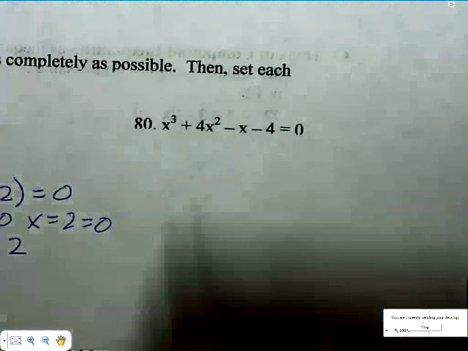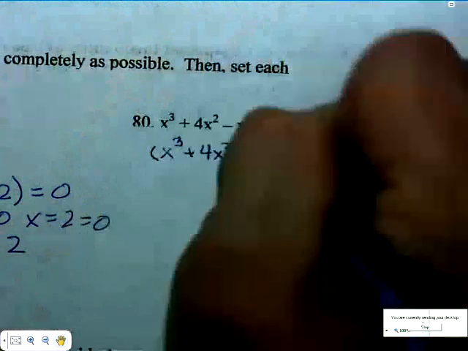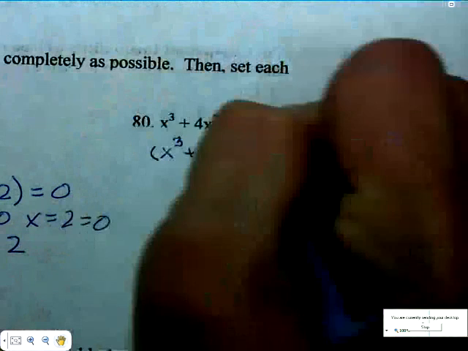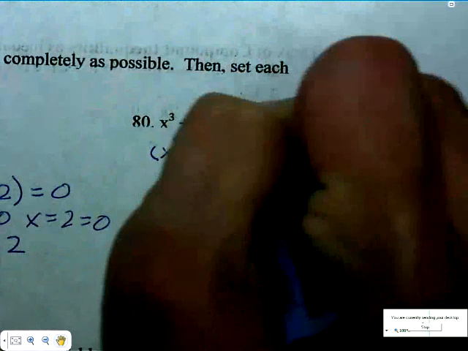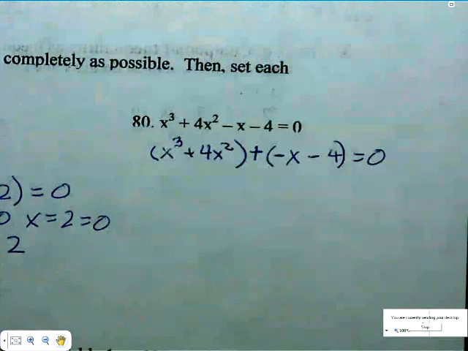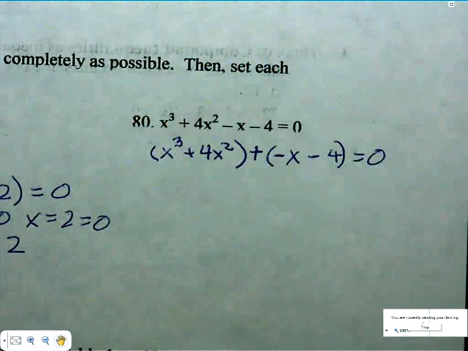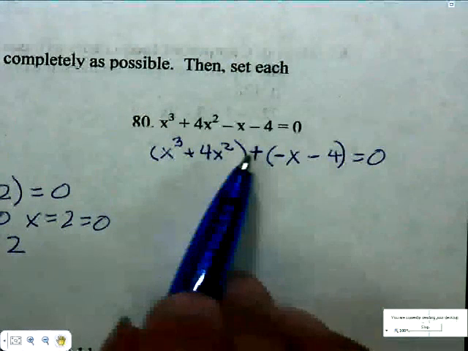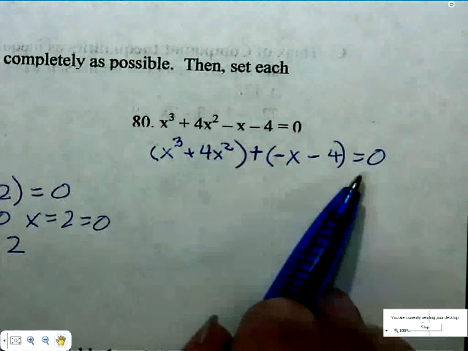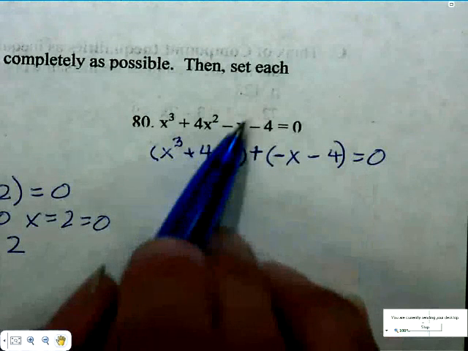Now, when you group the last two, be very careful with that negative. If you leave it outside the parentheses, it'll change the sign of the 4. Every line has to be equivalent to the line above it. And if you have that negative outside the parentheses and you distribute to check, you won't get back what you started with.